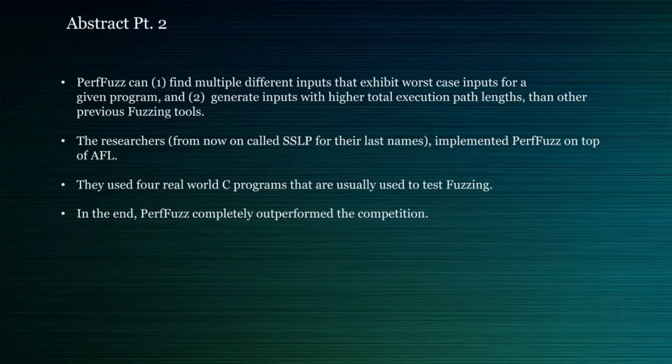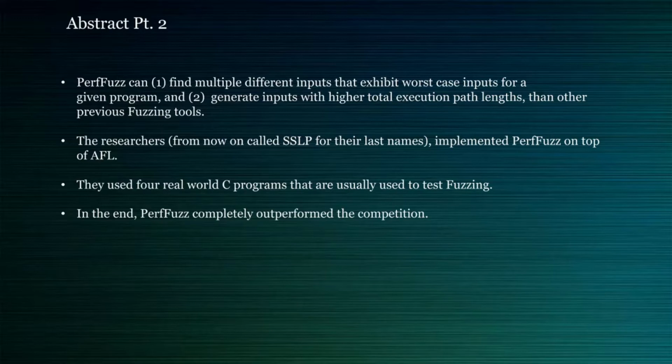poor time complexities. The researchers for this paper, which I will abbreviate to be calling SSLP, implemented PerfFuzz on top of a previous fuzzing instrument called AFL, which is the American Fuzzy Lop, which is really just a generic fuzzing device.